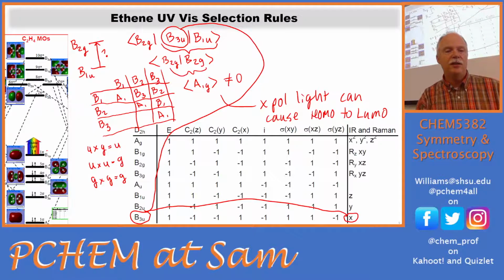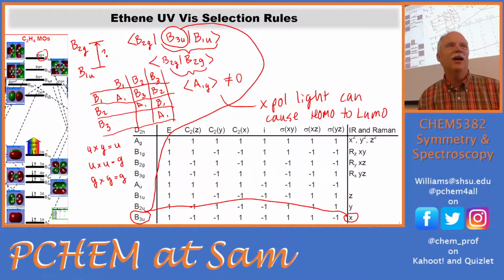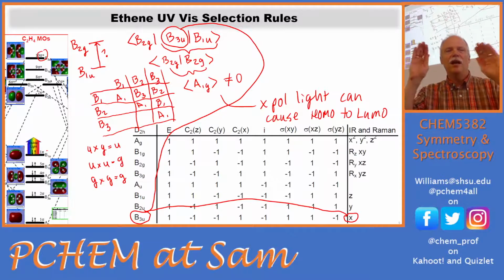And so then, I'm going to ask you on the test, what about the pi to sigma star transition or something, B1U to B3U, pick any two, right? But notice how in UV vis and X-ray too, I guess, none of those are A1.